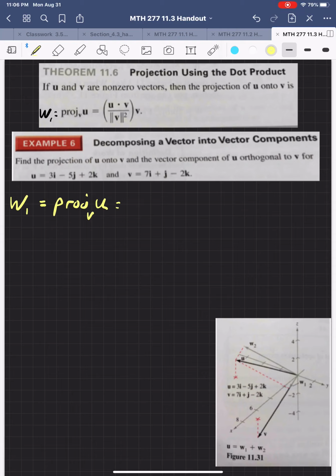All right, well, obviously what we're going to need, let's come off to the side, we're going to need the dot product, u dot v. We're going to need the magnitude of v squared. So let's go ahead and get this out of the way. If you don't mind, I've already done dot products with you.